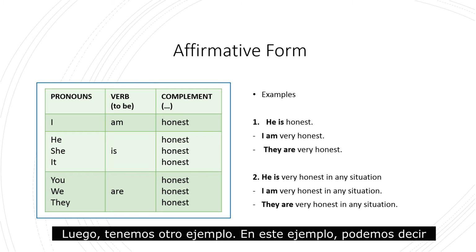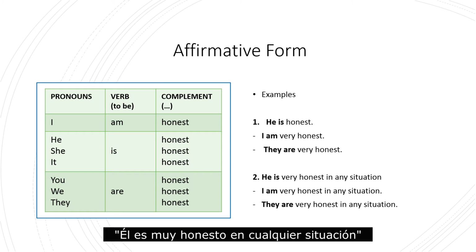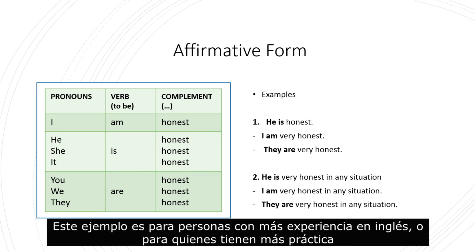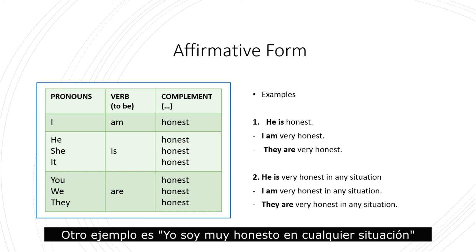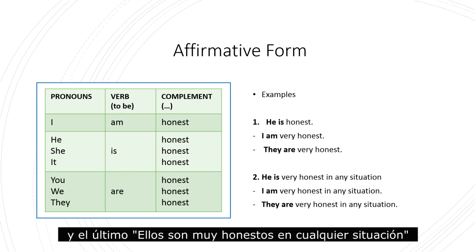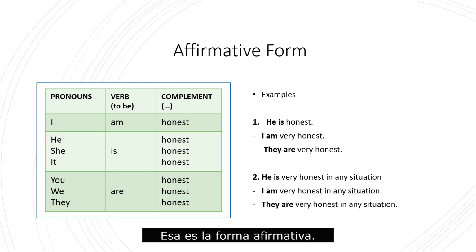In this example, we can say, he's very honest in any situation. This example is for people who are more experienced in English or people who are having more training. Okay, another example is, I'm very honest in any situation. And the last one, they are very honest in any situation. Okay, that's the affirmative form.